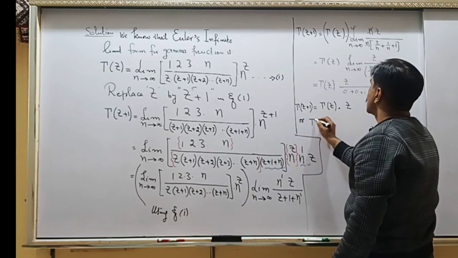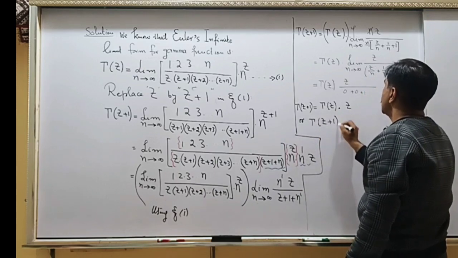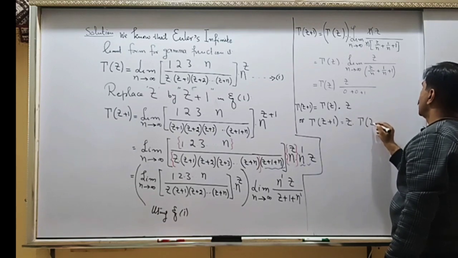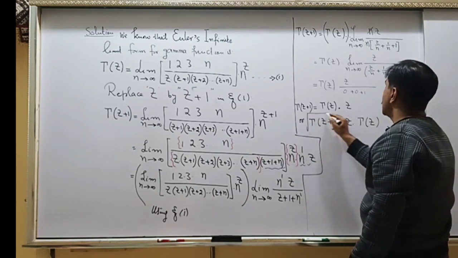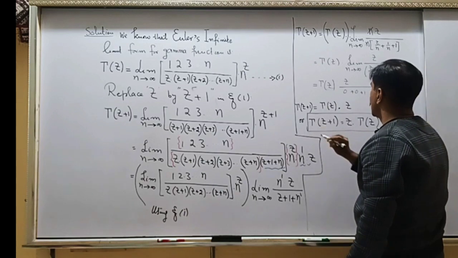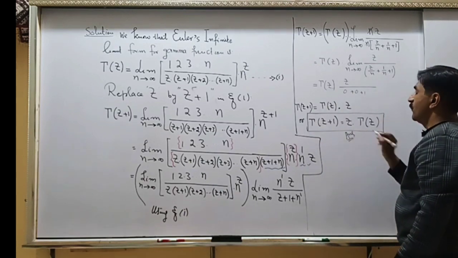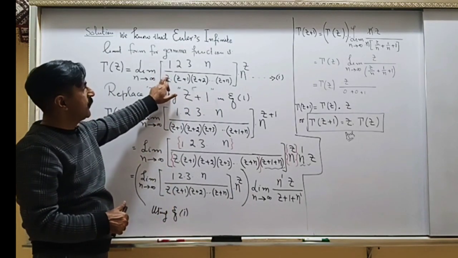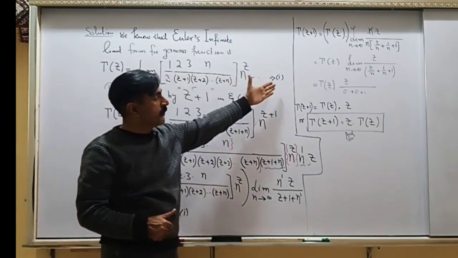So you can also write it as gamma z plus 1 equals z gamma z. This is the relation which you were asked to derive from Euler's infinite limit definition of the gamma function, which we have written in equation number 1.